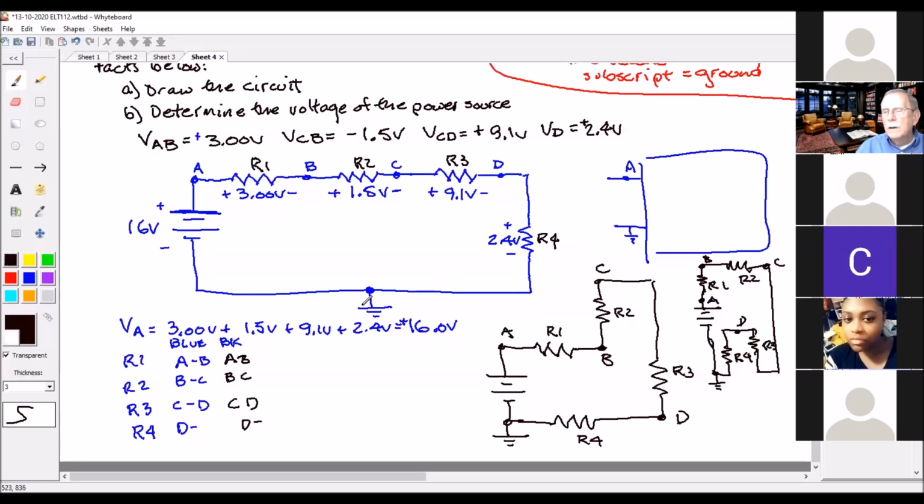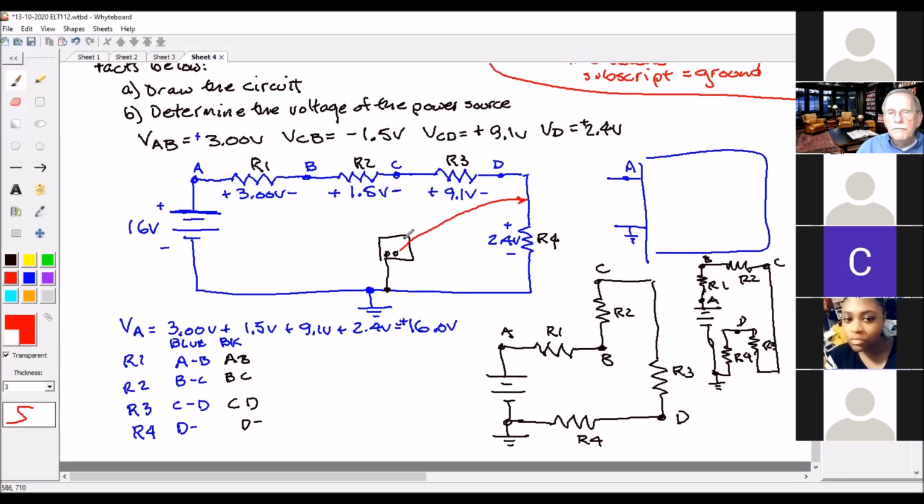But as far as electronics goes, if I take my meter, I'm going to have a black lead and a red lead. If I take that black lead and connect it to ground, and I took my red lead and brought it over to here, I would measure 2.4 volts.